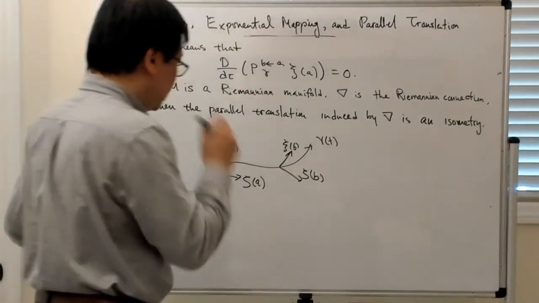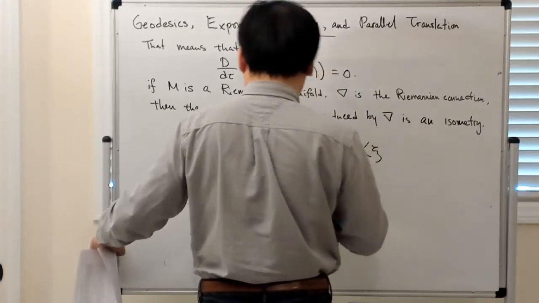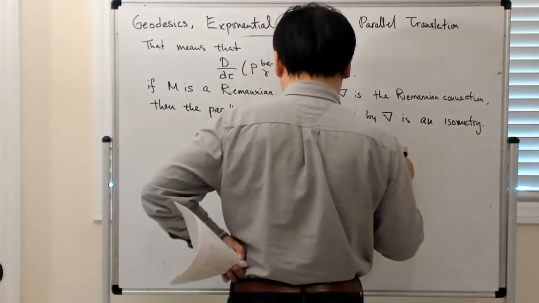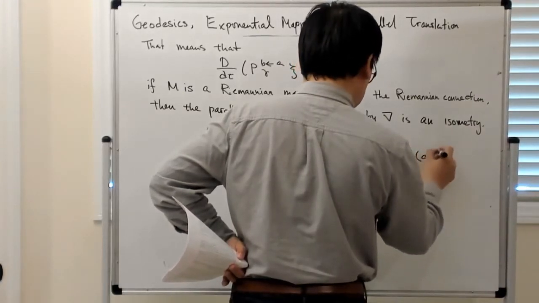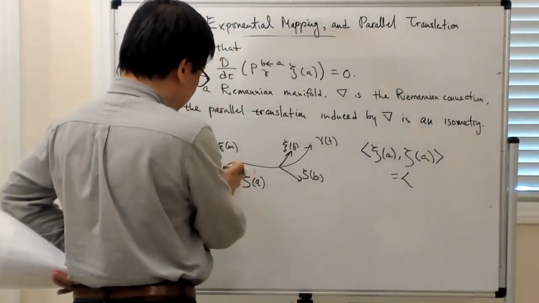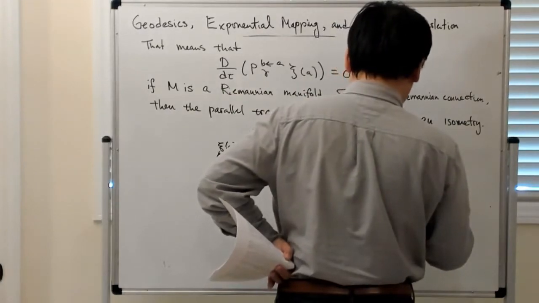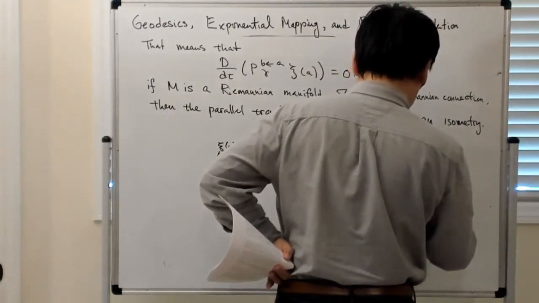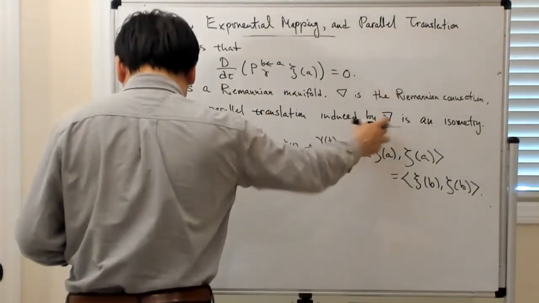Then the inner product given by the Riemannian metric between those two vectors and the parallel transported version of those two vectors is the same. Okay, so this is what I mean by it being an isometry.